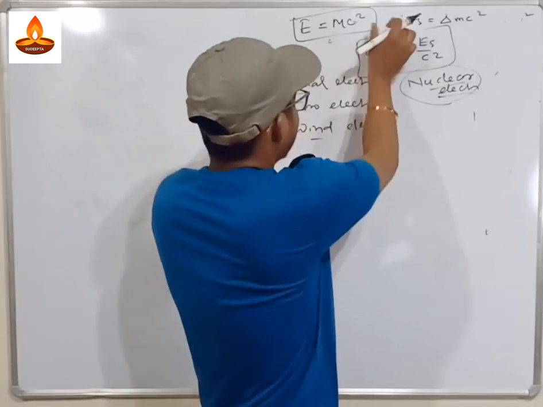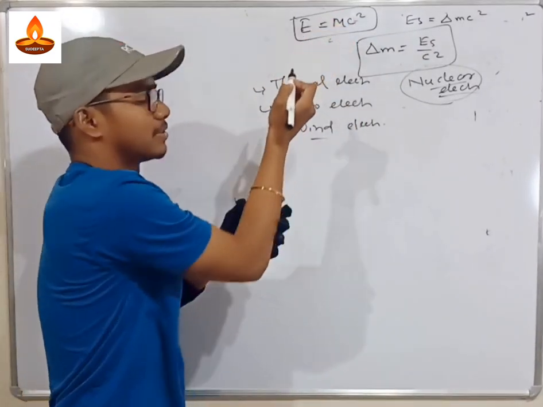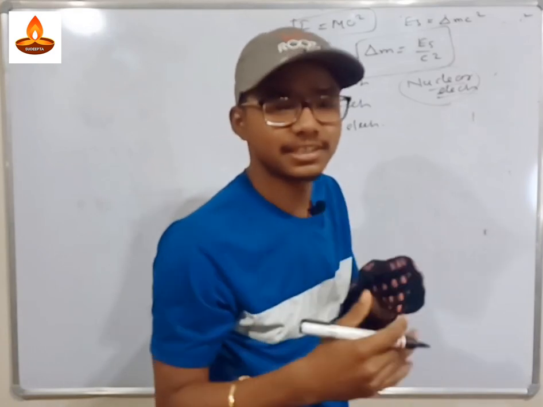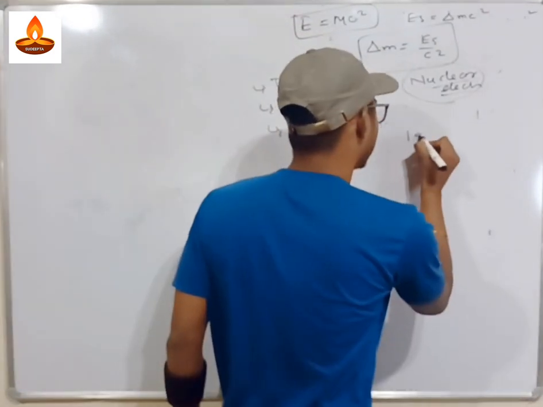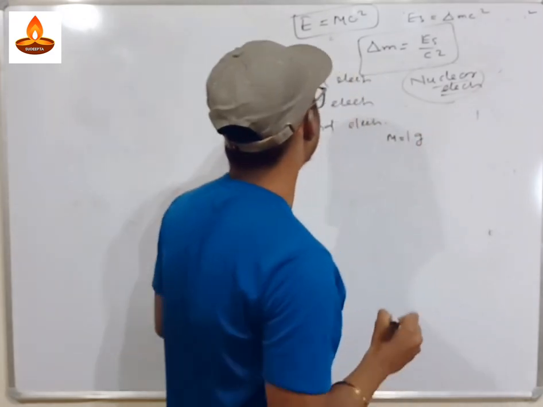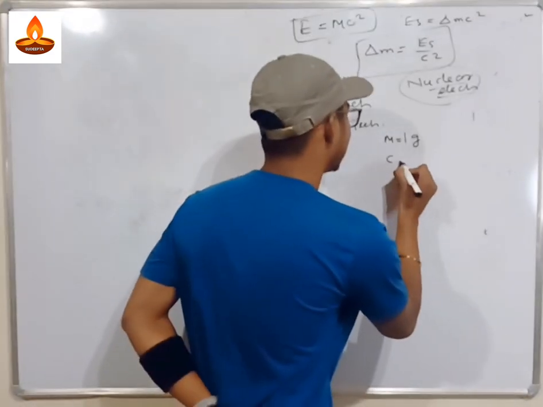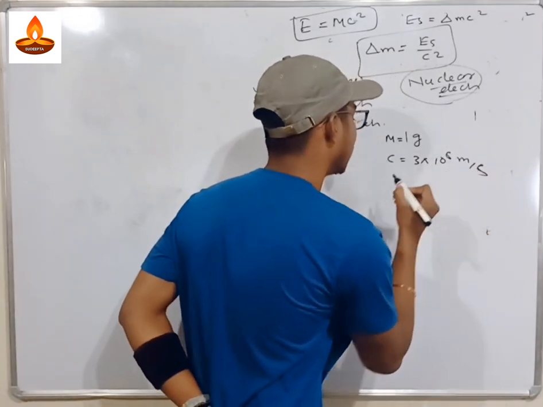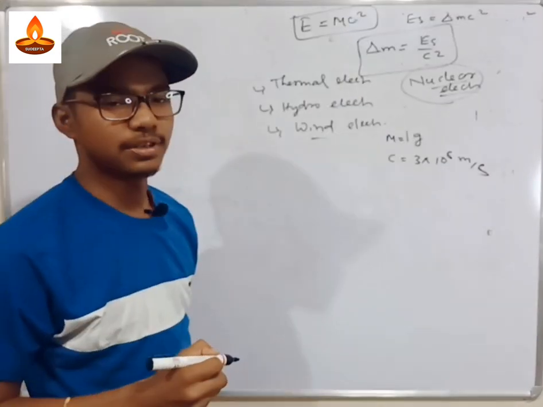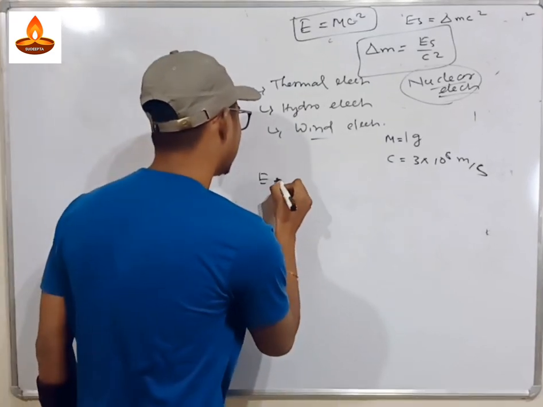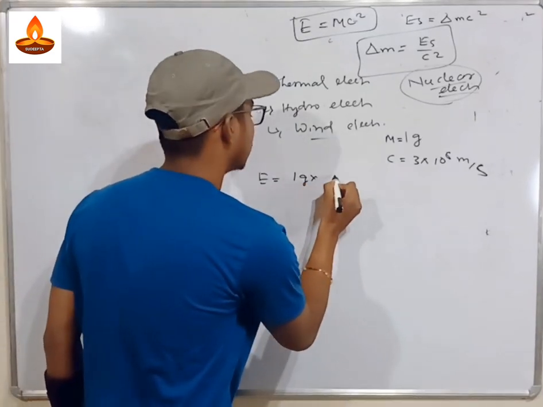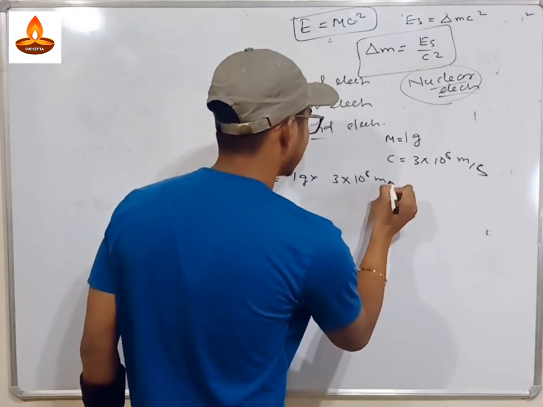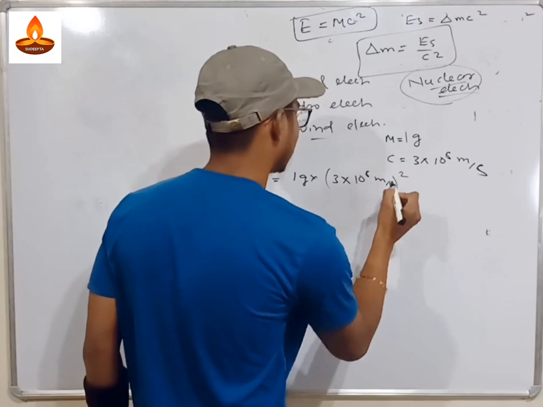If we go to the equation E is equal to mc squared, let the mass be 1 gram. How much energy can 1 gram of mass give? And c is 3 into 10 raised to the power 8 meter per second. So E is equal to 1 gram into (3 into 10 raised to the power 8 meter per second) squared.